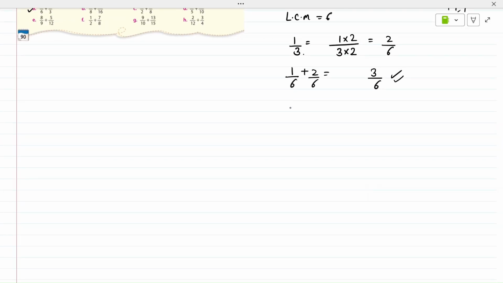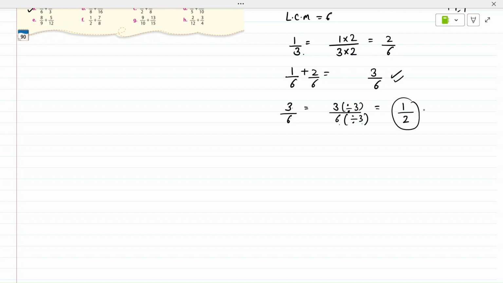The next step is to see whether we can reduce it to the lowest term or not. So kids, when we see 3 by 6, we can very well figure out that both are multiples of 3 itself. So if we divide both the numerator and the denominator by 3, we will get the fraction in the lowest term. 3 divided by 3 will give us 1, 6 divided by 3 will give us 2.